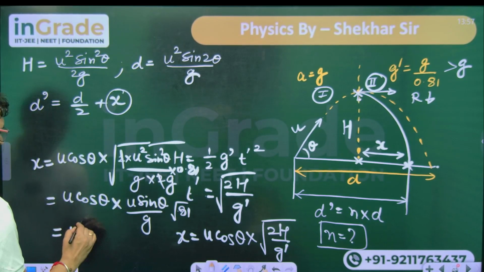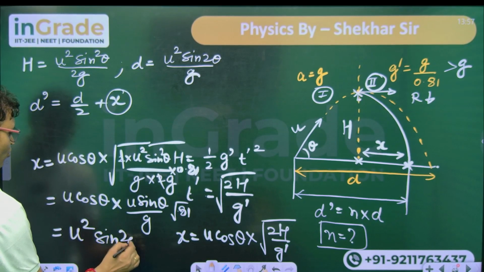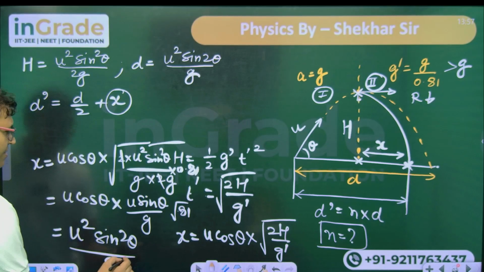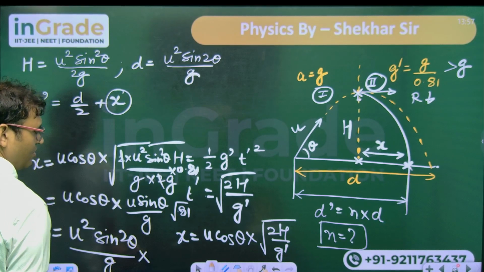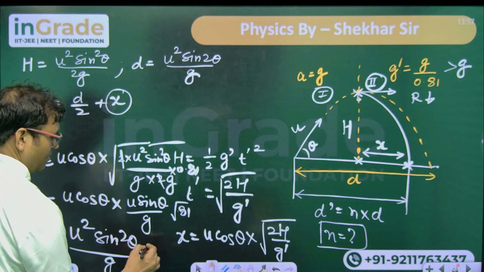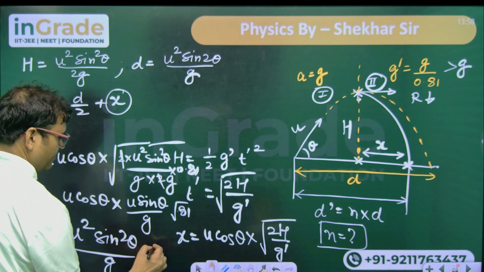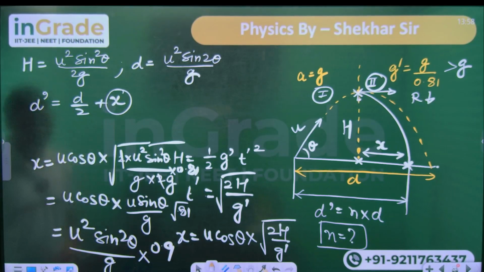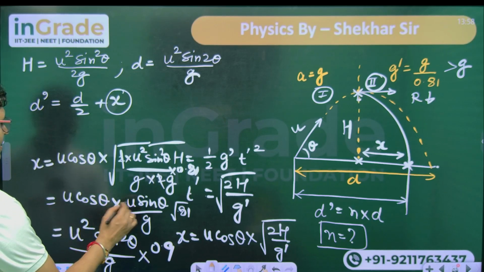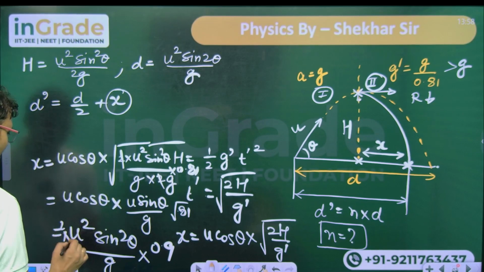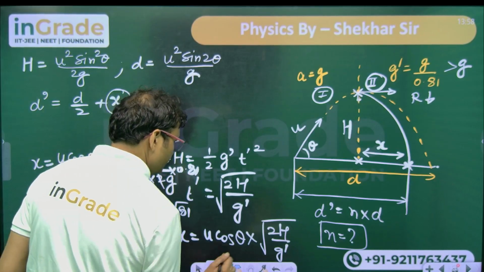So it will be u square sin theta cos theta upon g into 0.9.